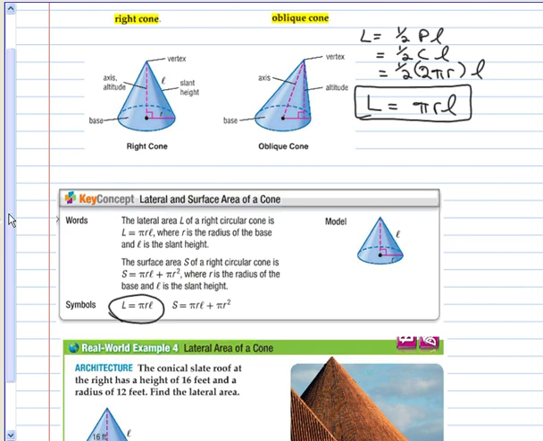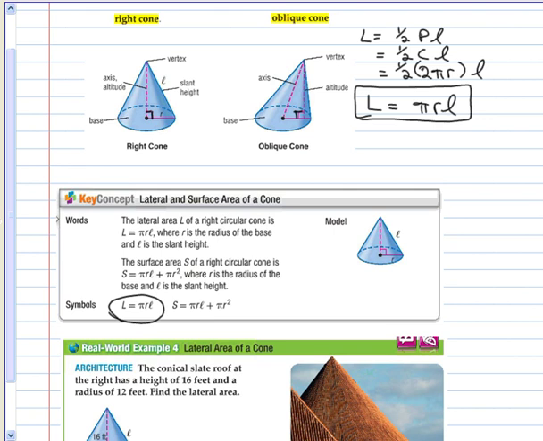Right cones, we have right angles between the altitude and the base. Oblique cones, just like when we were talking about the pyramids. When I go from the vertex, I don't hit the center when I make a 90-degree altitude out of it. That line between the vertex and the center of the base, which is the center of the circle, is always called the axis.